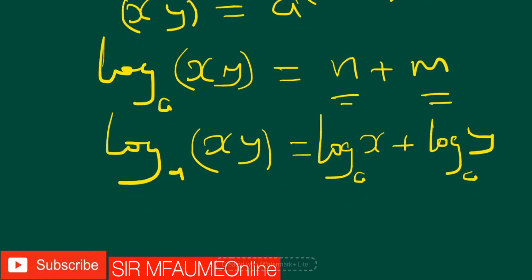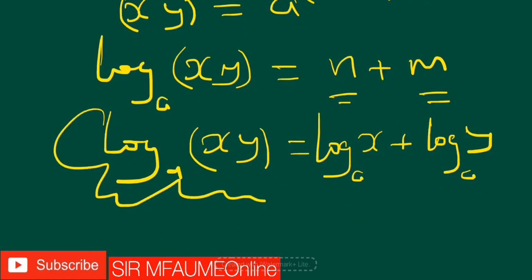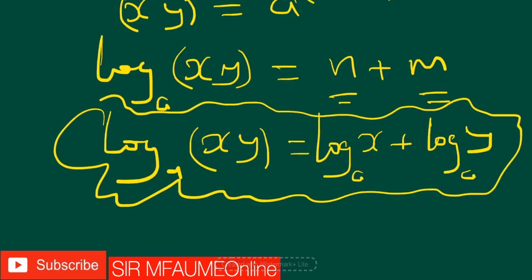This one is what we call the product rule. For any multiplication in logarithm, it becomes addition. That is the product rule in logarithm.